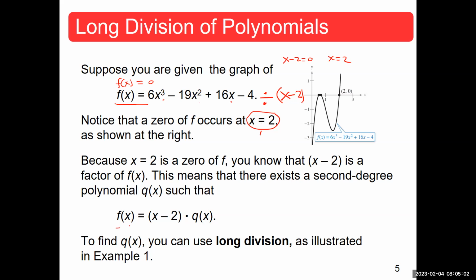Your final answer should look like this: f(x) equals x minus 2 multiplied by q(x). What is the q(x)? That's the result of dividing.